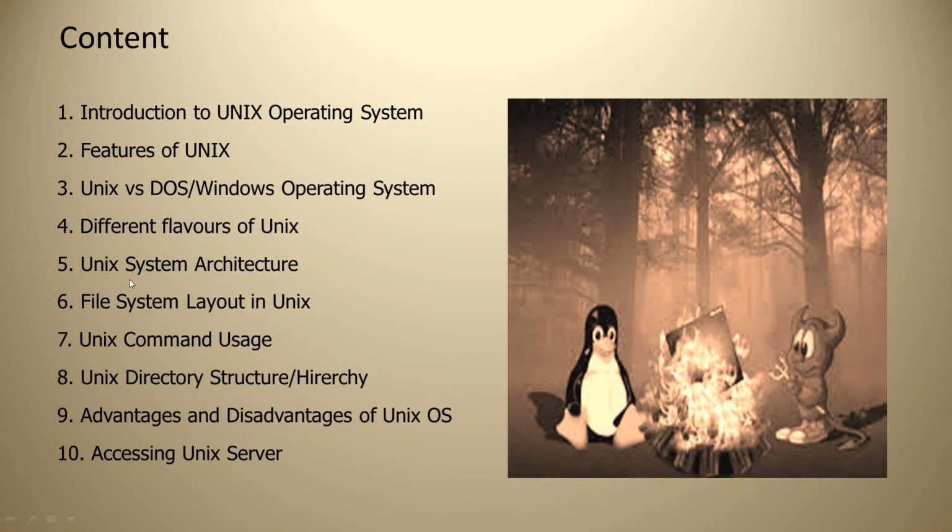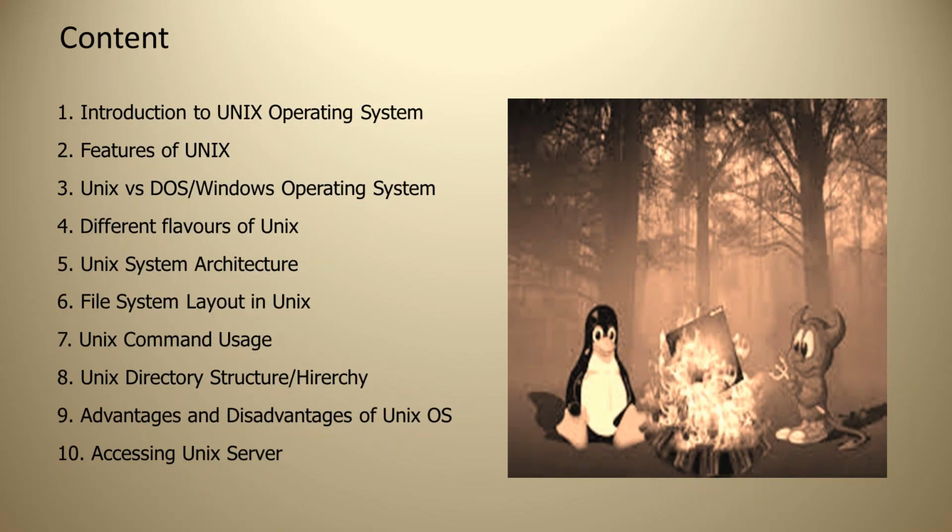What are those? Then Unix system architecture, how it looks internally and how it takes the data we ask for and gives the output. File system layout, how many parts and blocks there are in Unix. Unix command usage, how to start writing commands. Then whenever you install the Unix operating system, or somebody installs it, some directory structure is created automatically.